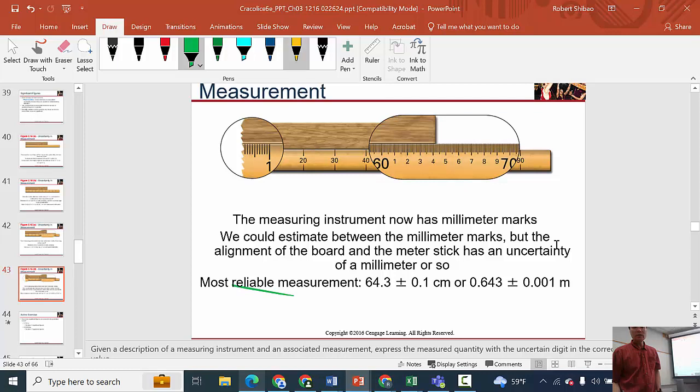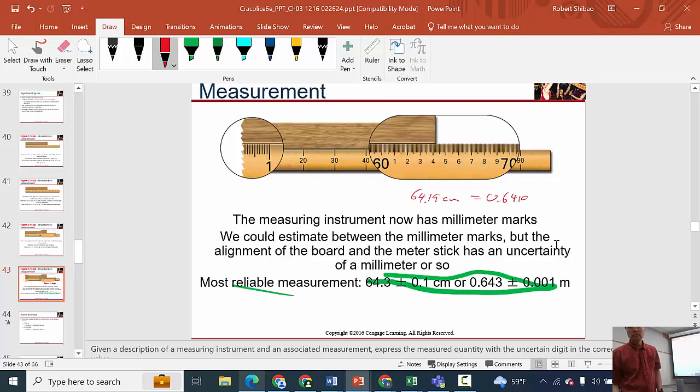So this is just the editor must have missed this. It should have been 0.6419 meters.